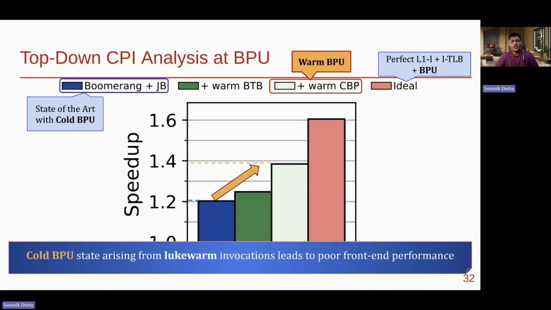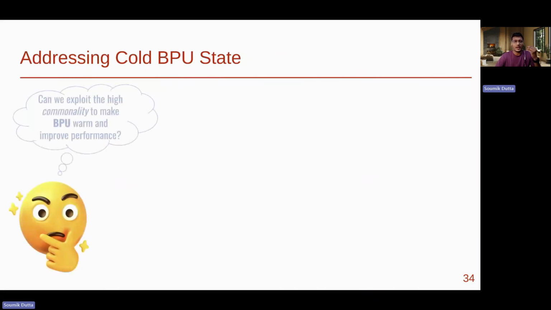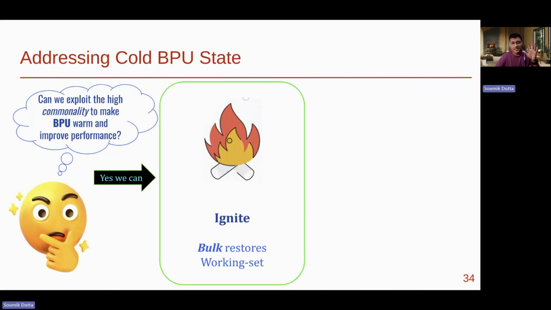So from here we can take away that a cold branch predictor unit state arises in the case of lukewarm invocation, and this leads to poor performance for lukewarm invocation. To address this cold BPU state, the idea that comes to mind again is: can we exploit the high commonality to make the BPU warm and improve the performance? The answer is yes, Ignite.